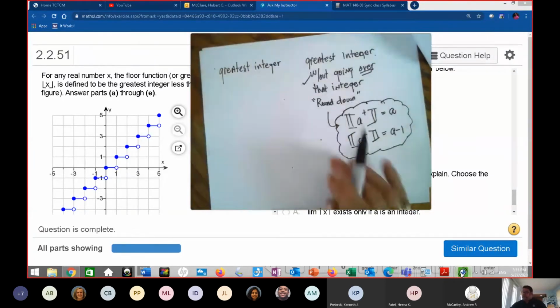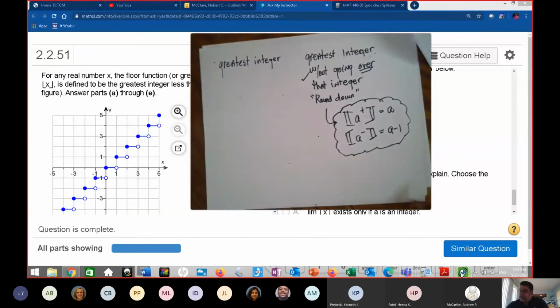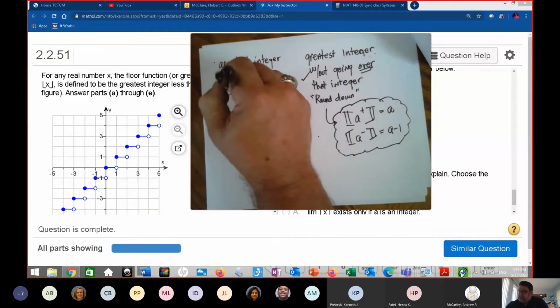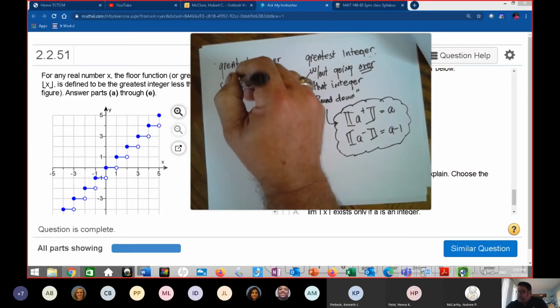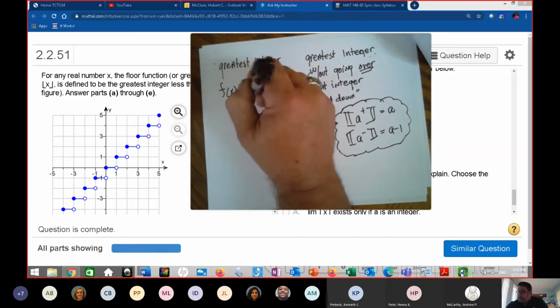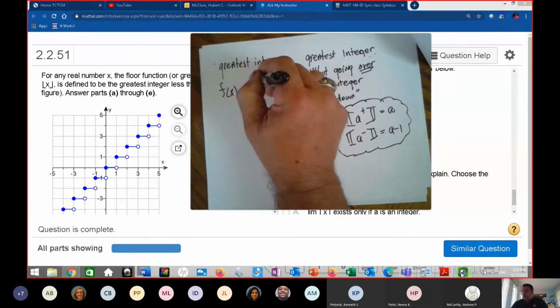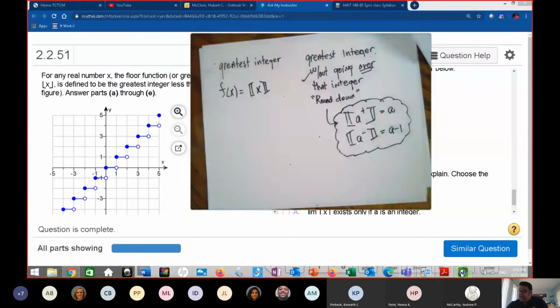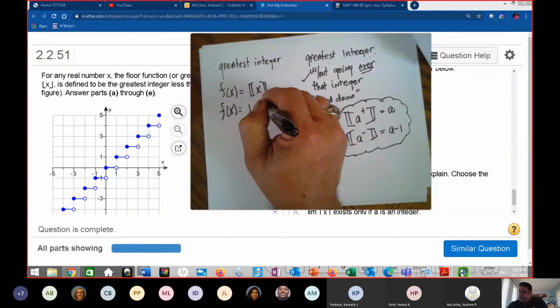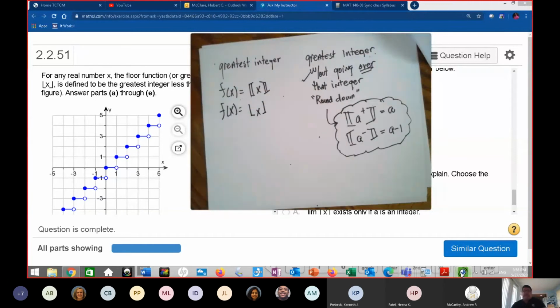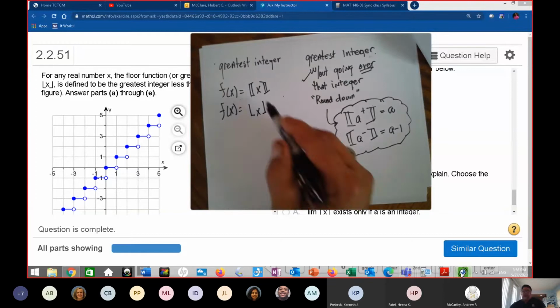The greatest integer function is as follows: f of x is equal to, and they usually write the x in kind of a funny way. And that is called the greatest integer function.